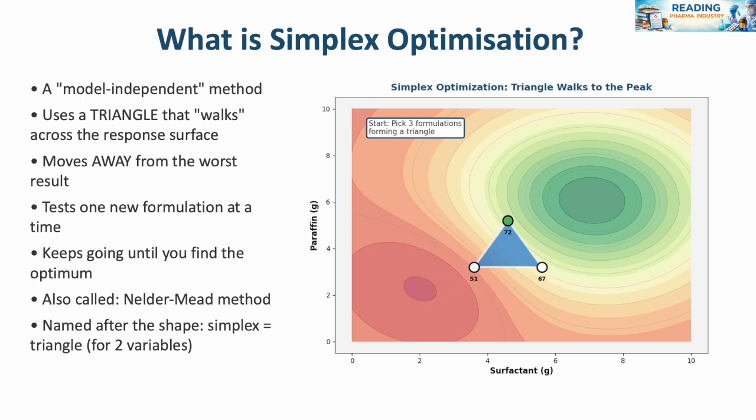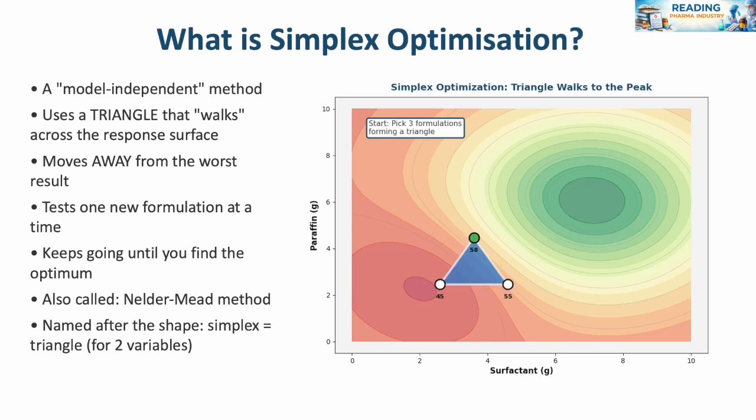The simplex optimization method is also called a model independent method. As the name implies, you're not going to use any model, because before, with the factorial design and the linear regression, we were doing experiments. The factorial design is the experiment side that doesn't change.